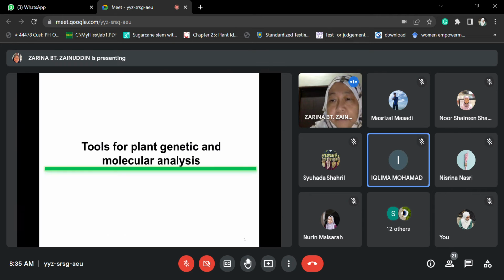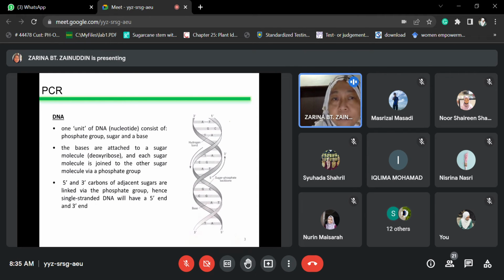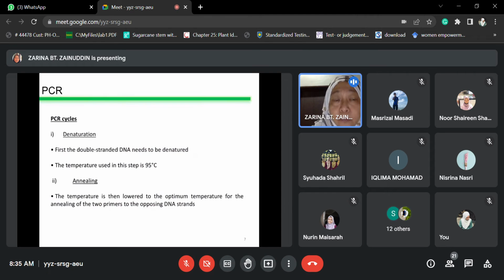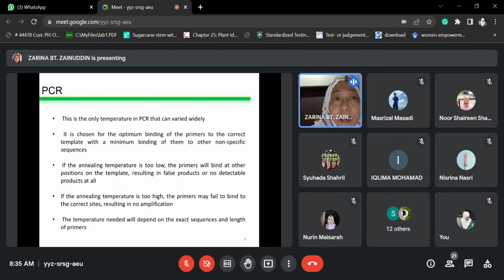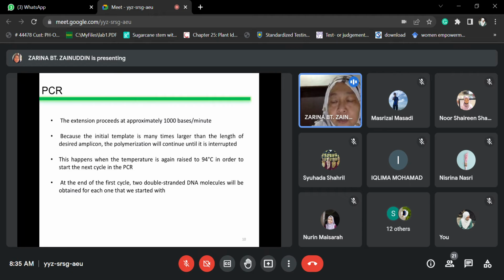Okay. So the first tool that I introduced yesterday was PCR. I hope you are able to understand the principle of PCR: the components, the profiles, and what happens in each cycle.